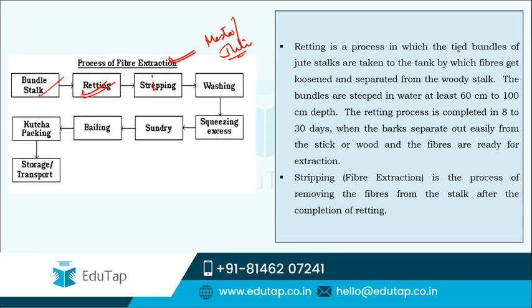Retting is a process wherein bundles of jute stalks or mesta stalks are tied and loosened. They are put into water and get loosened and separated from the woody stalks. These are steeped in water at least 60 centimeters to 100 centimeters deep, and the retting process is completed in 8 to 30 days.